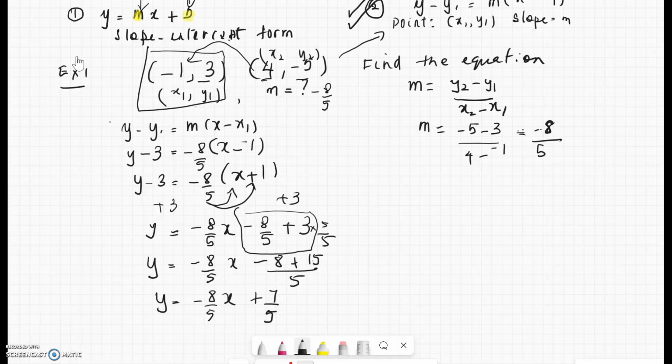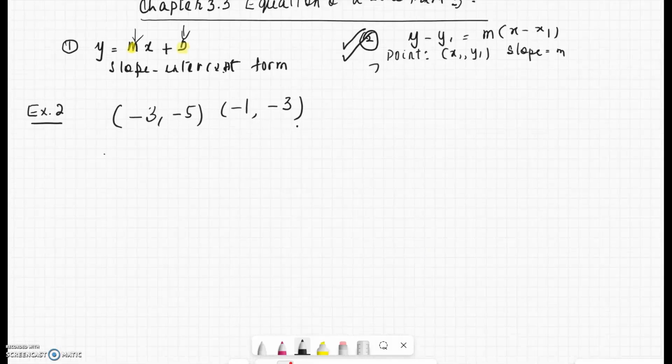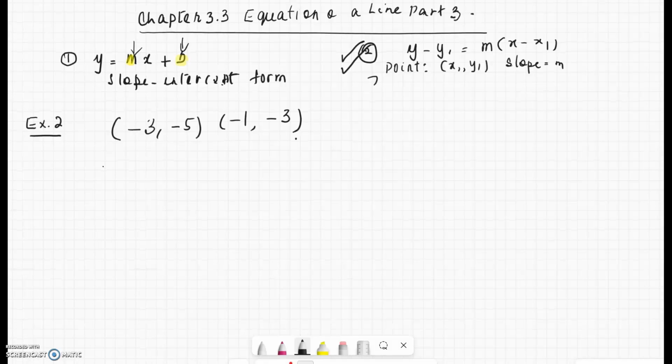So this is the slope-intercept form of the equation. We started off by using the point-slope form. Given a point, given the slope, use the point-slope form. We're given 2 points again, and we're going to find the equation of the line.